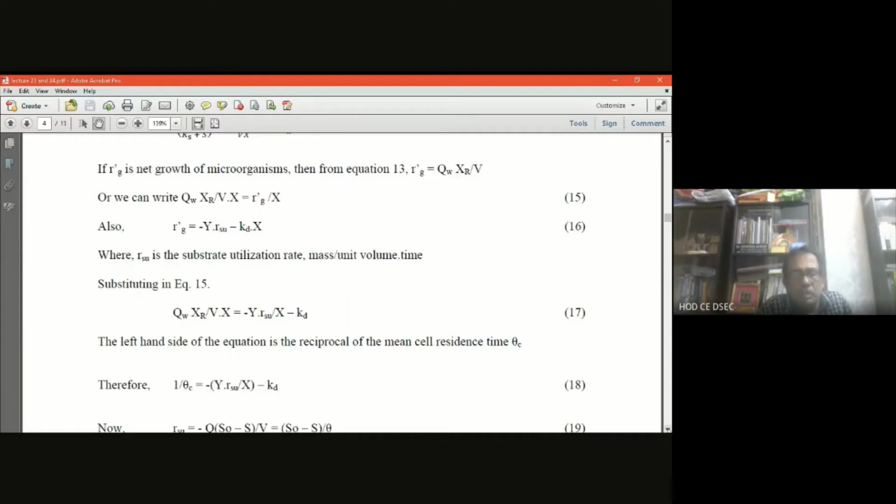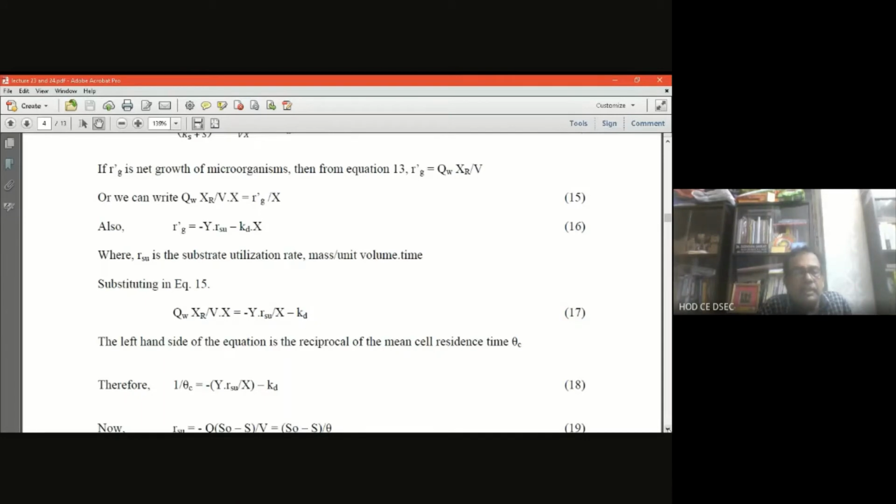That means the period for which the sludge is retained. So VX divided by QwXr, the total biomass divided by the wasted sludge, gives you the sludge retention time.